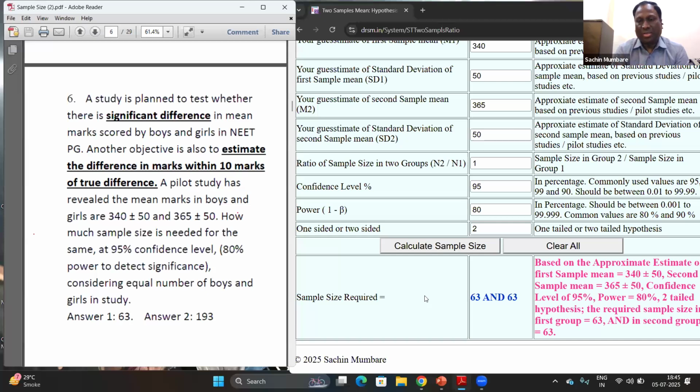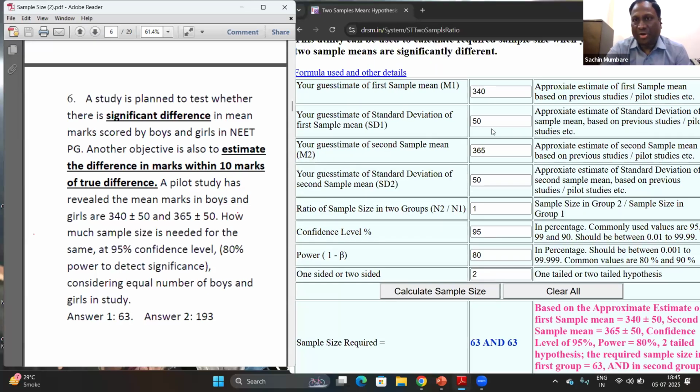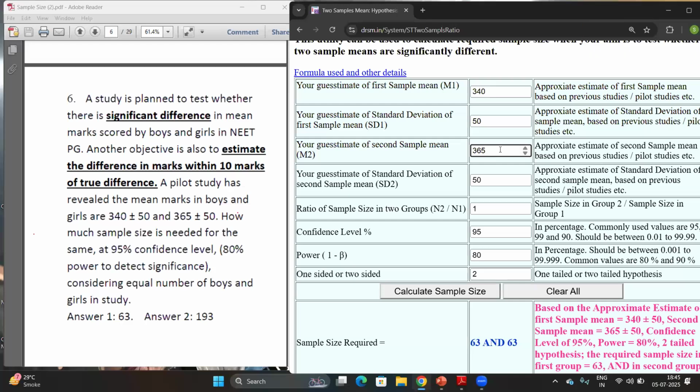You understood? So now here in this example, the difference is how much? 340 versus 365. So the actual difference is 25. So my another objective is to estimate this difference within 10 marks of true difference.